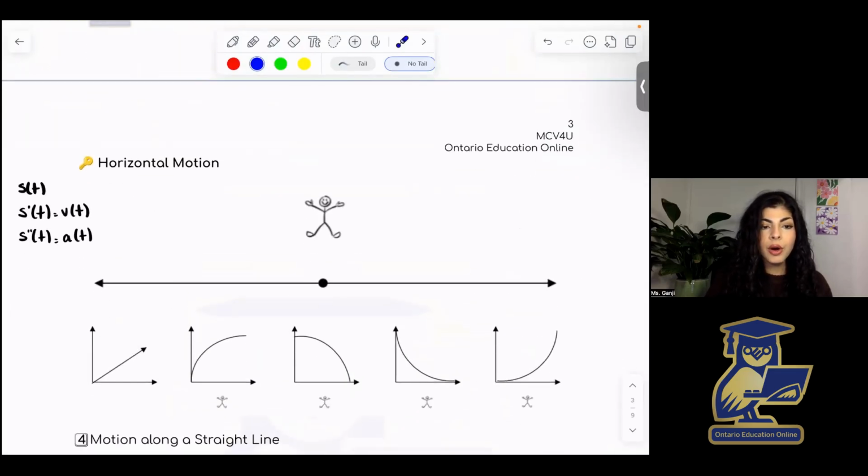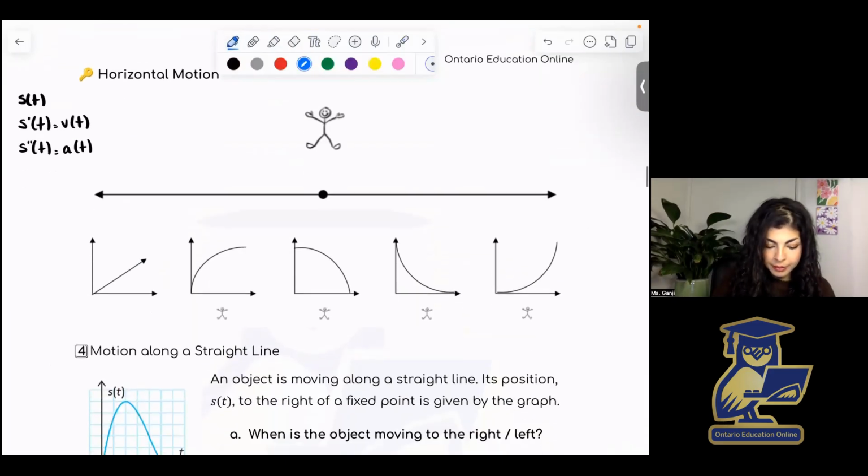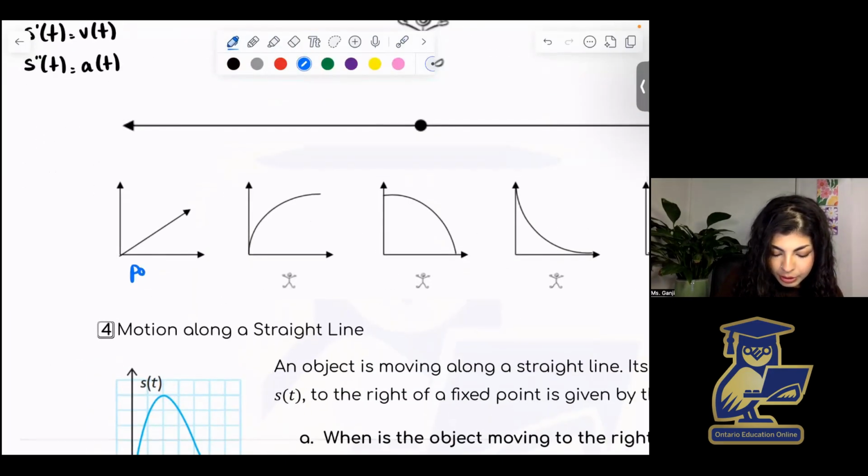So now we are looking at some graphs that are position versus time. So our position and time graphs, and we're going to apply those interpretations of velocity and acceleration over here. So in our first example, this is a linear line, and I'm just going to label our graphs. This is position, and this is time.